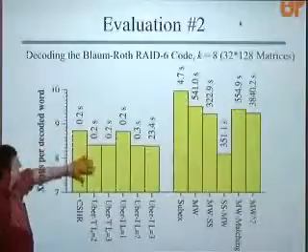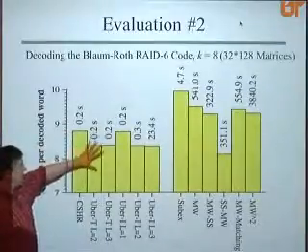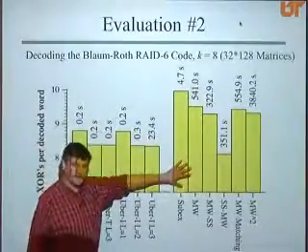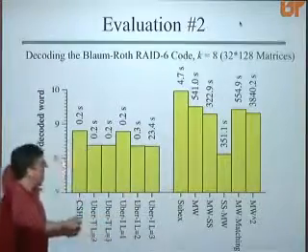And what you get with this is that it's interesting because these guys, on the whole, perform better than these guys. And part of the reason for that, I'm sure it comes from the structure of the code, which I don't understand.